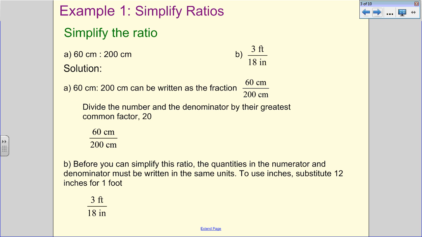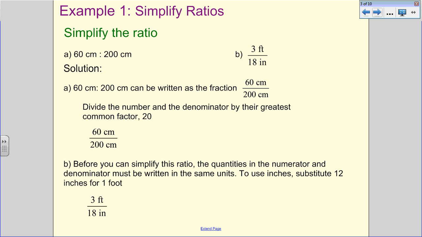All right, so let's take a look at what we have here. We want to simplify ratios. We have 60 centimeters to 200 centimeters, so we can write it with a colon like that, or 3 feet over 18 inches. So what we're going to do is take this ratio separated by the colon and write it as a fraction, 60 centimeters over 200 centimeters.